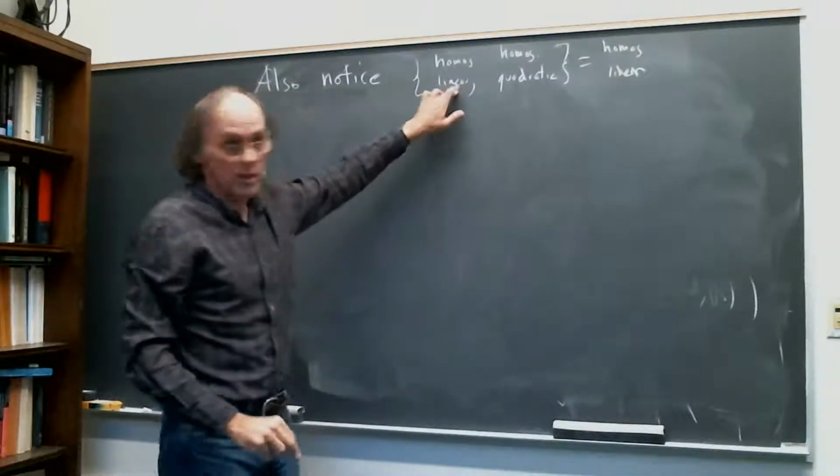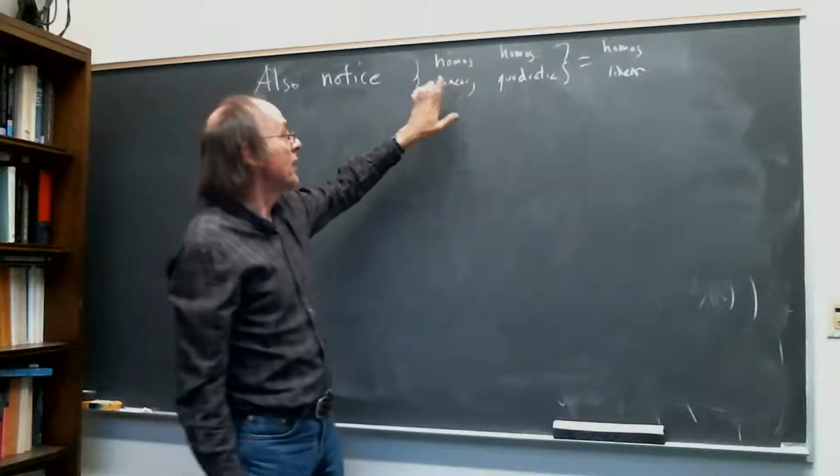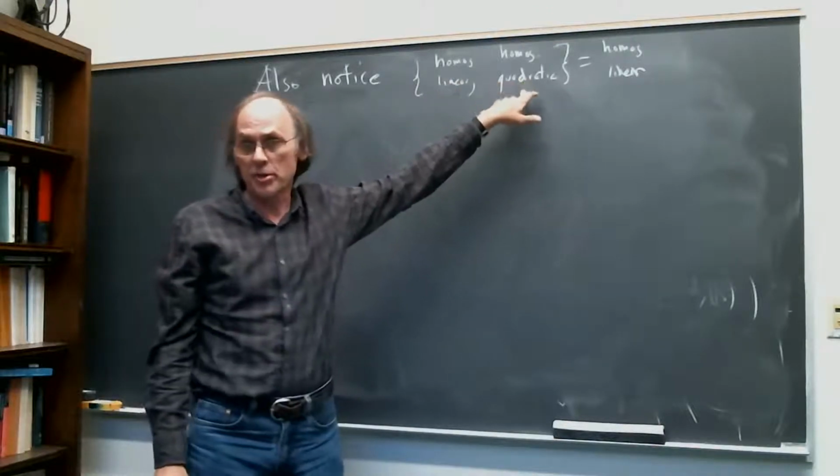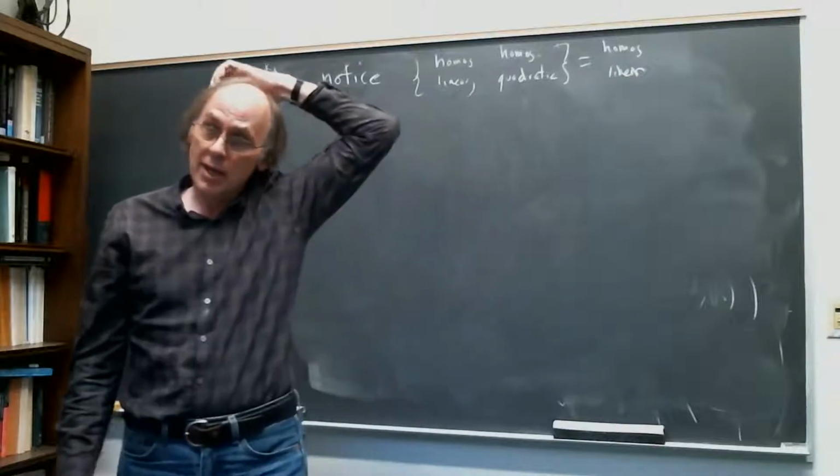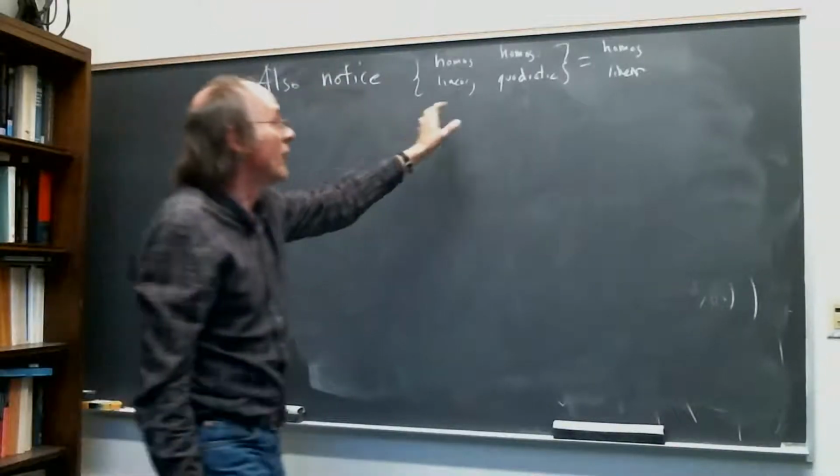If you put together something that's order 1 in the P's and Q's and take a Poisson bracket with something that's order 2 in the P's and Q's, you get something that's order 1 in the P's and Q's. And again, it's just from the way the formula works out.